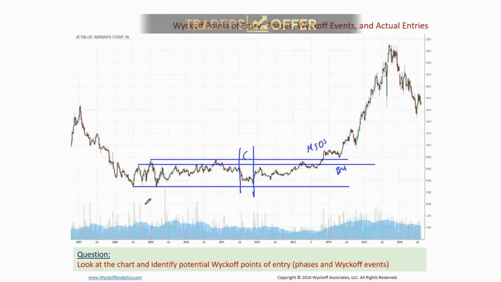Okay. So in a lot of instances, there is some kind of misinterpretation in the labeling based on the original climactic action, automatic rally, secondary test, phase A. Then someone could say this is a test in B, this is an upthrust in B, and this is our C. Looking at this type of labeling, which is obviously incorrect, and assuming that this rally is a sign of strength rally, could you quickly compare this rally, number one, to this rally, number two?